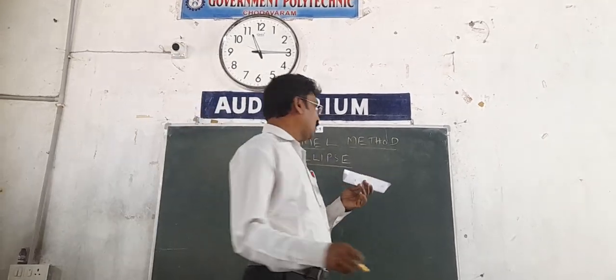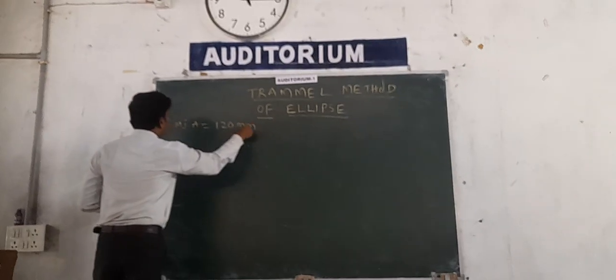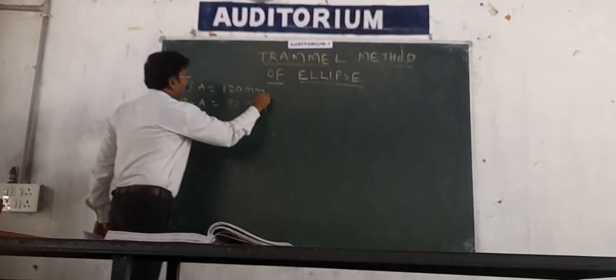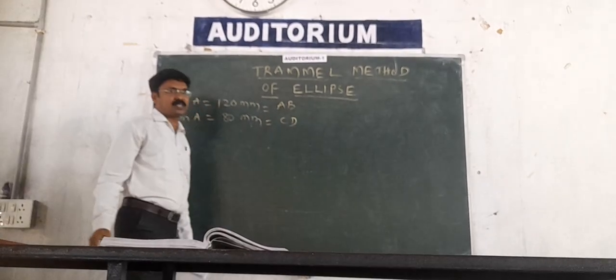Let me know what the dimensions in the given data are. What is the major axis? 120 mm. What is the minor axis? 80 mm. So AB is the major axis, CD is the minor axis.